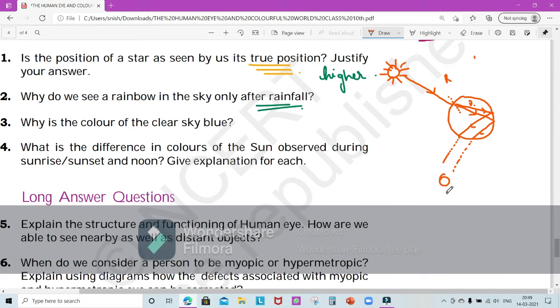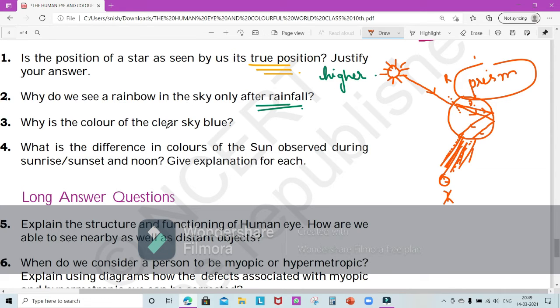So when you stand here, you'll be able to see this rainbow, the different spectrum. This person will be amazed by looking at the rainbow. It's seen only after rainfall because the raindrops act as a prism, and that's when you will see the rainbow being formed.